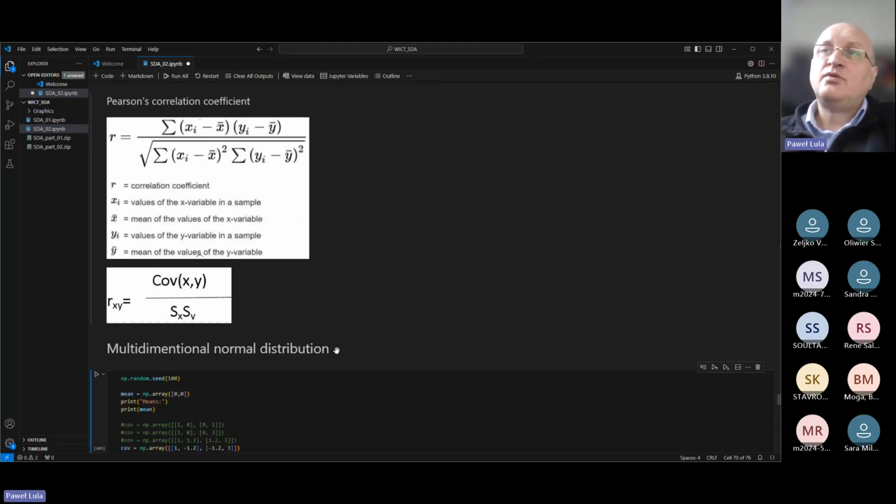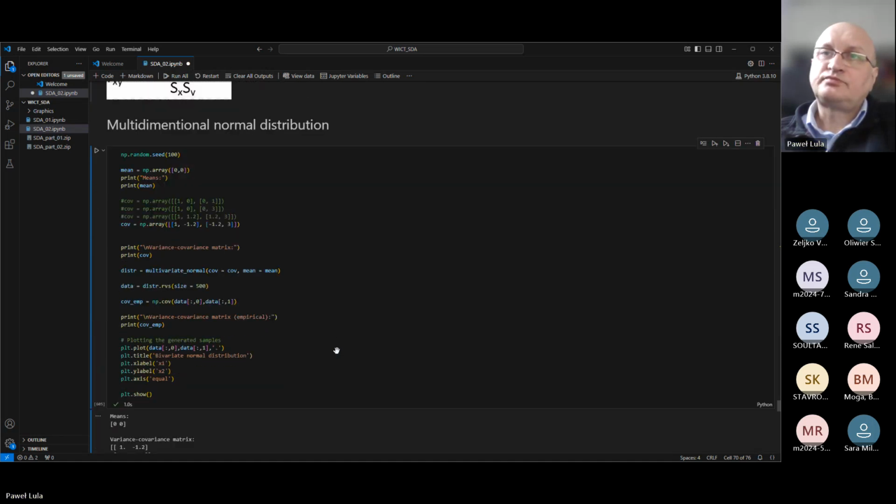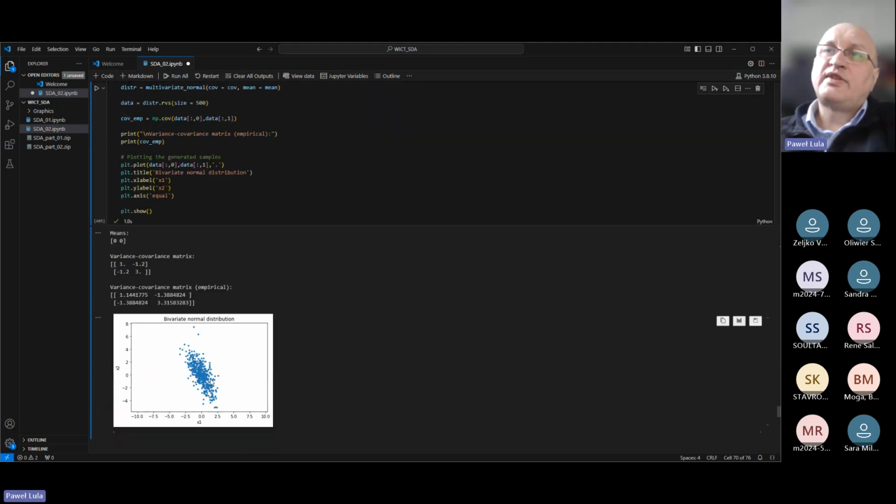How it works in practice. I'm going to show you how it works using this artificial data set, which we can see here. But to generate this data set, we should use another generator.